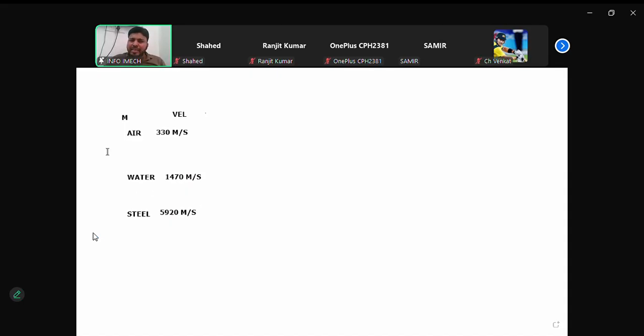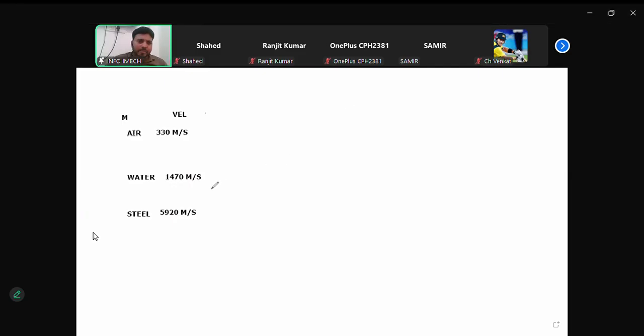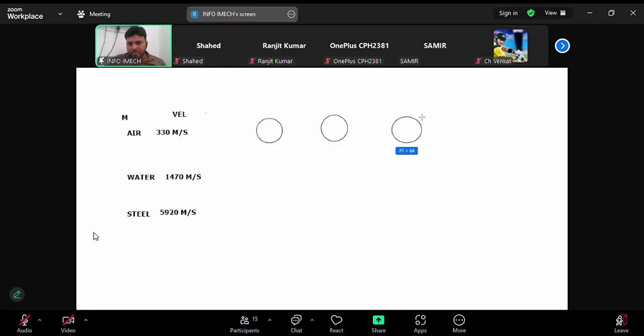First of all, guys, in every medium, whether it is air, water, steel, copper, aluminum, sound will travel by transferring energy. How, for example in air? Just before we discuss it, a low-density medium: density means the molecular distance is more, like this.